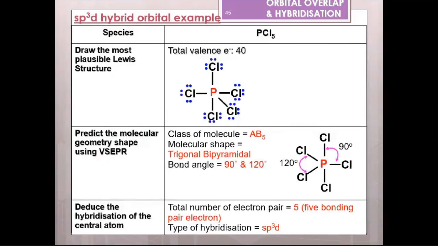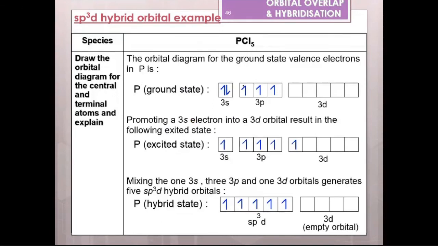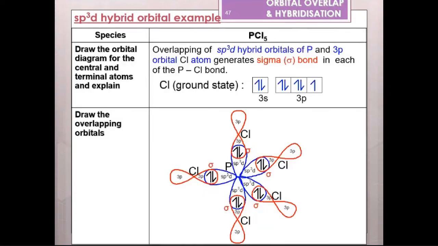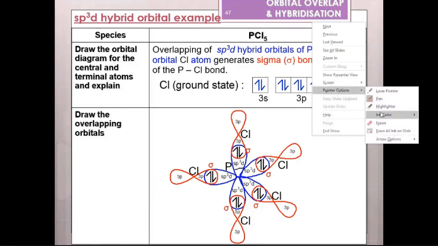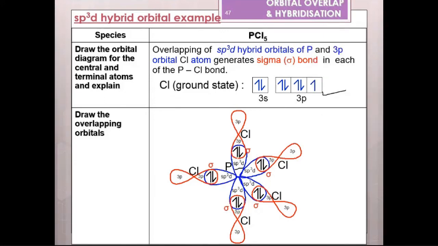Okay, this is 5. Trigonal bipyramidal. Surely 5. So, I want 5 but now only 3. That's why it is excited. So, this is the excited state. Then mix everything, sp3d. What remains is the MP orbital. So, for the terminal atom, just do as usual, 3s2 3p. Drawing as usual. Make sure to label sp3, label using another color. Make sure the electron pairs are there, label sigma.